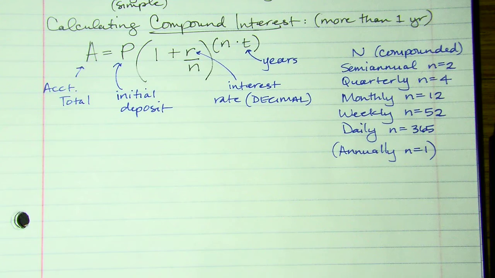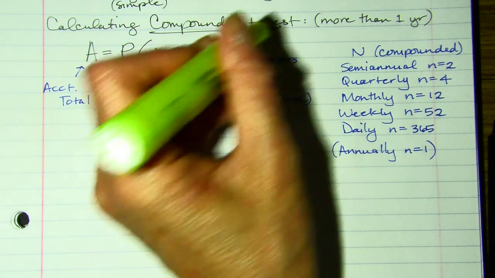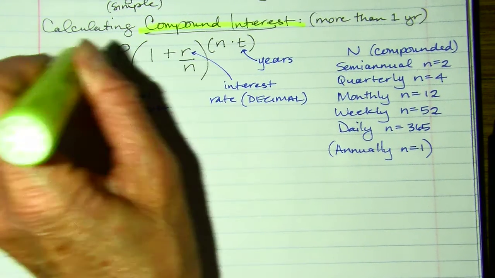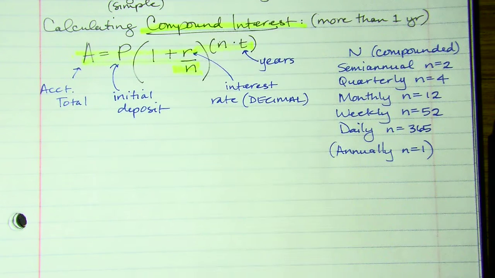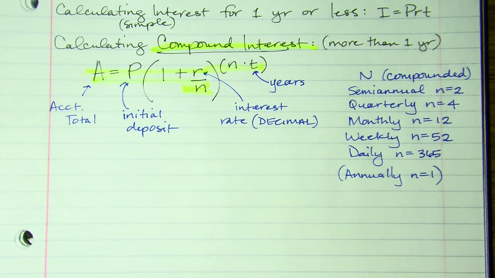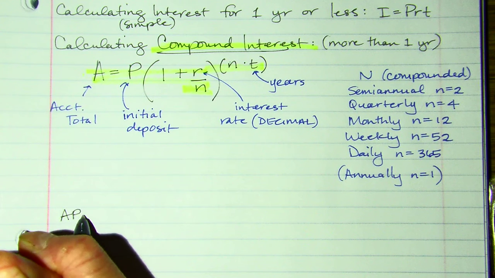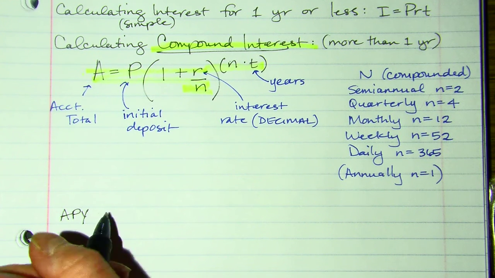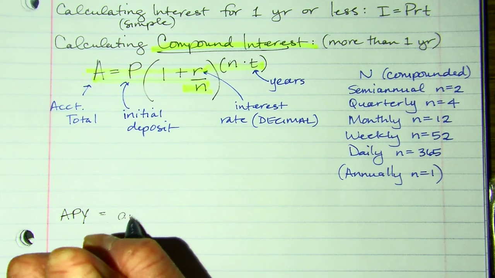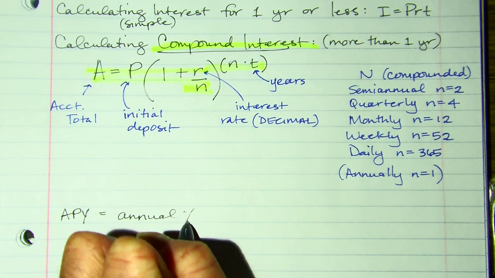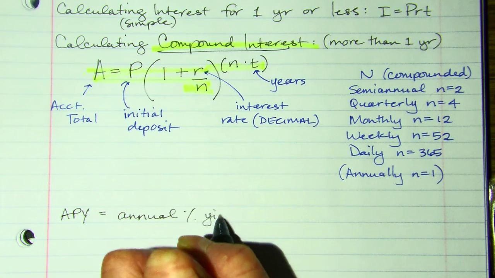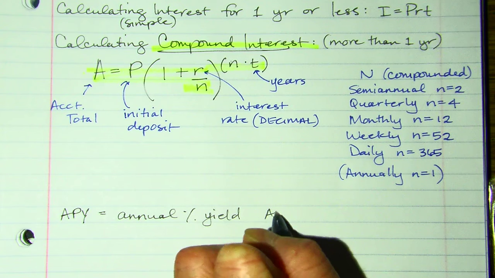So this formula is for compound interest. The only other formula you need in this section is APY. Okay, APY represents your annual percentage yield. And they also talk about APR.